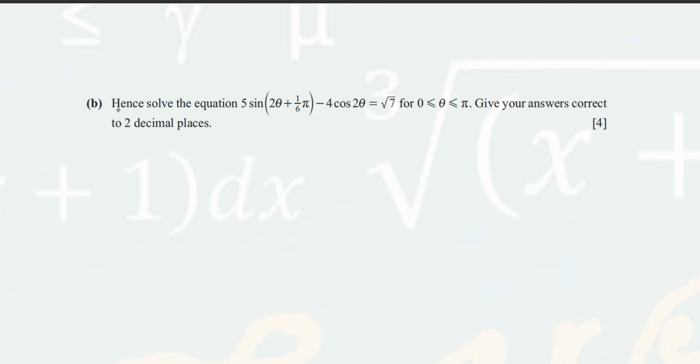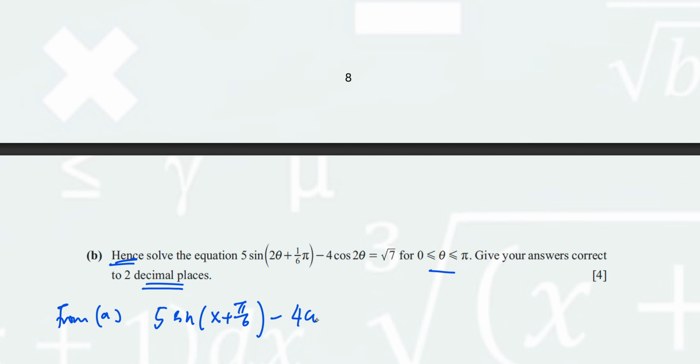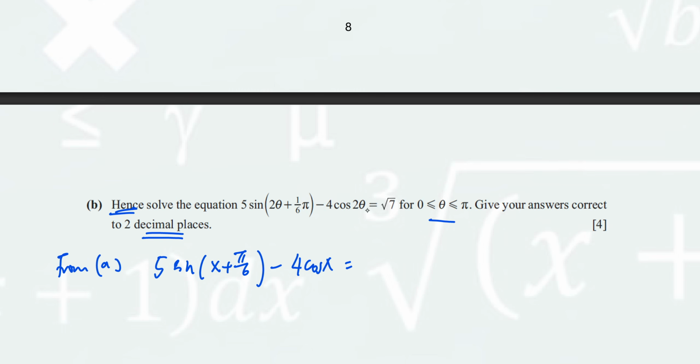Now B. Hence means use the previous answer, solve the equation for theta and give your answers correct to 2 decimal places. So I'll copy from A: 5 sine x plus pi over 6 minus 4 cos x equals square root 21 sine x minus 0.333.